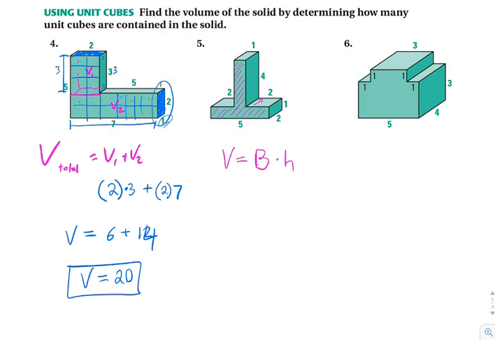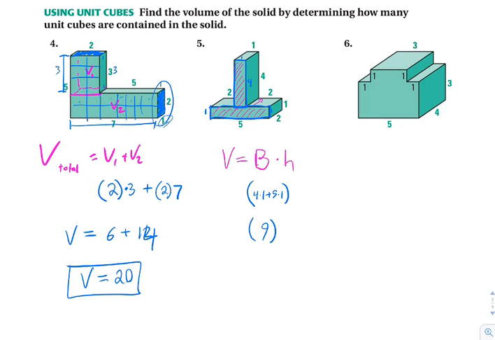The area of that front base I have to figure out in 2 pieces: one area is a 4 by 1 rectangle, and one is a 5 by 1 rectangle. So 4 times 1 plus 5 times 1 gives the area of the base as 9. And that front face is the base of this prism.